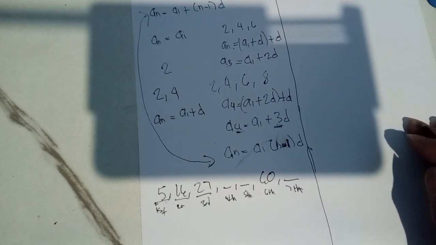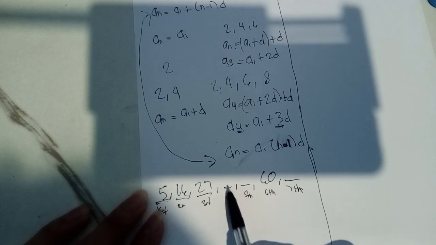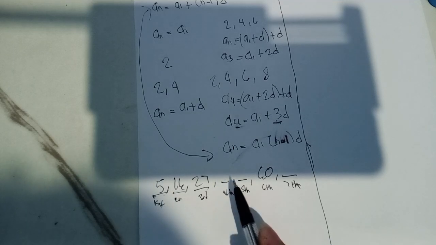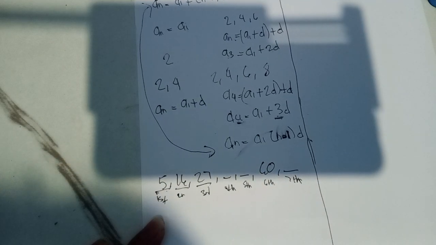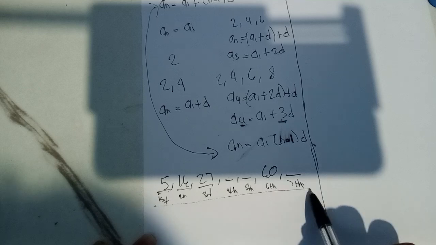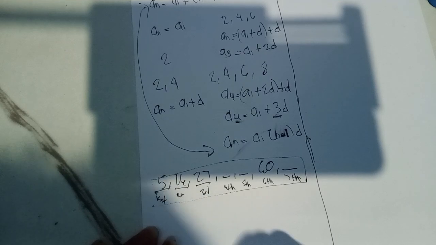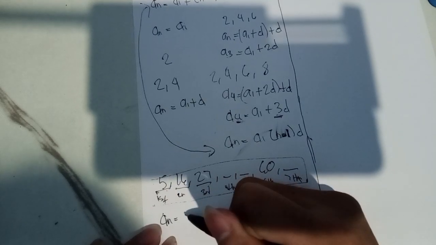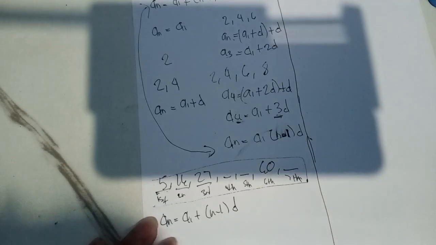Okay, so if you're given this and we need to identify these three gaps, we need to first find the general formula of this specific pattern. So how do we find it? So let's say that we have an is equal to first term plus n minus 1 times d.